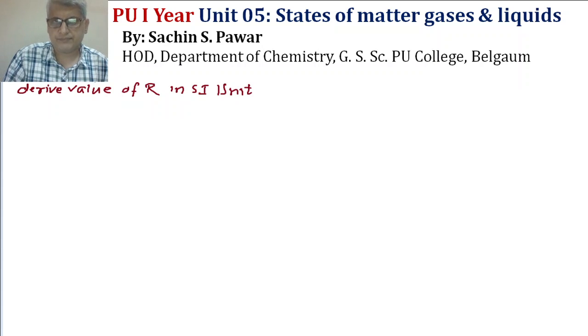Let us try to do it. Now value of R we want means I need to search for the equation which has that R value, and that is equation of state.